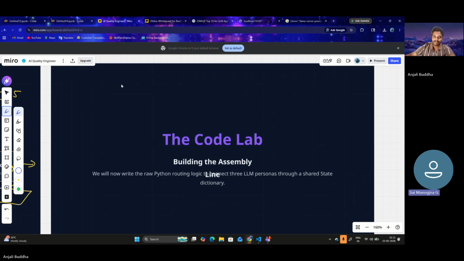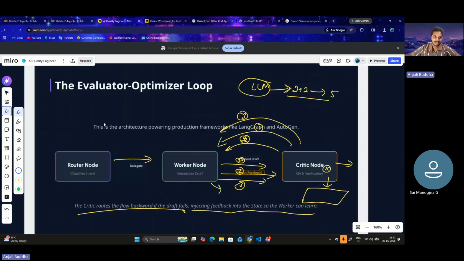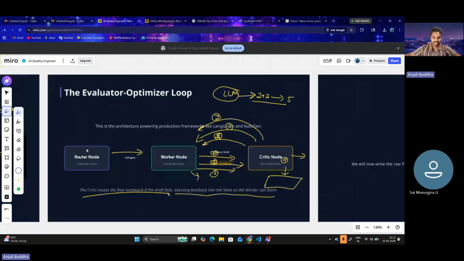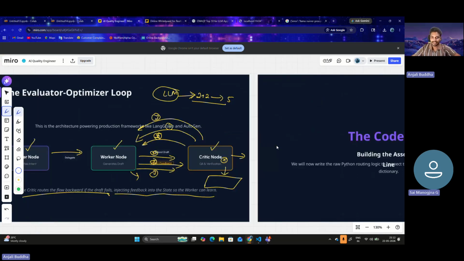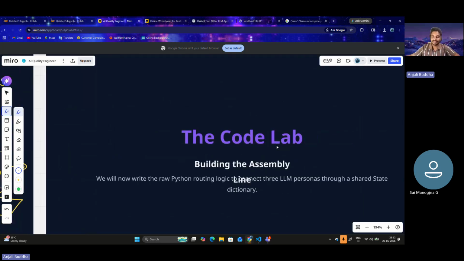So here in our architecture, we have majorly three parts. That is a router node or a router agent, a worker agent, and a critic agent. Even in our example, we have a router agent. This router agent will get the user input.